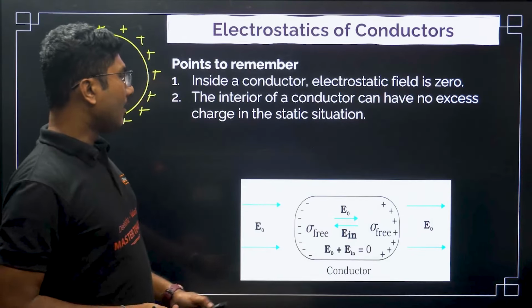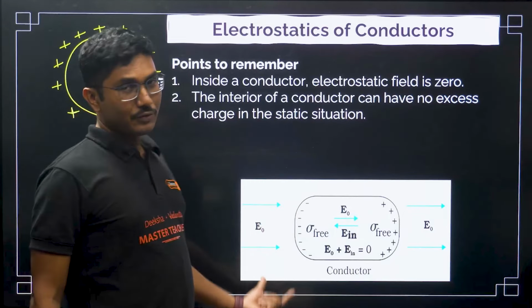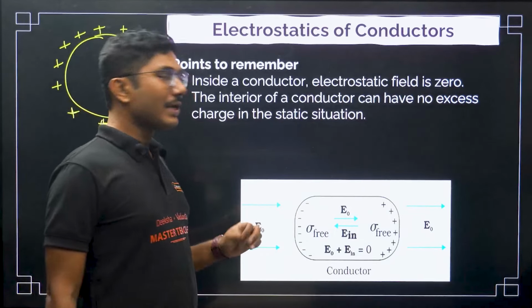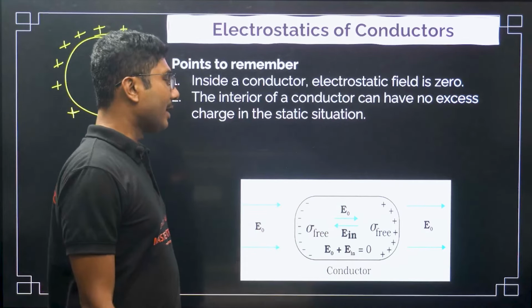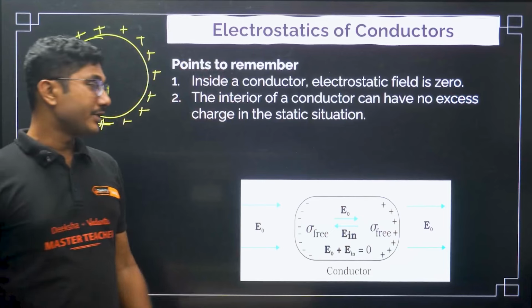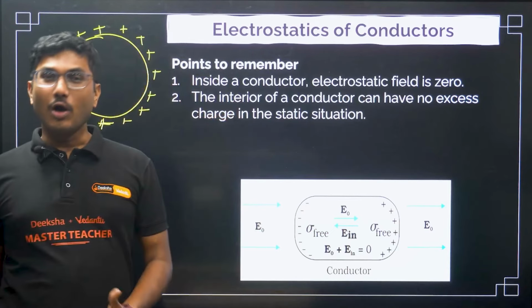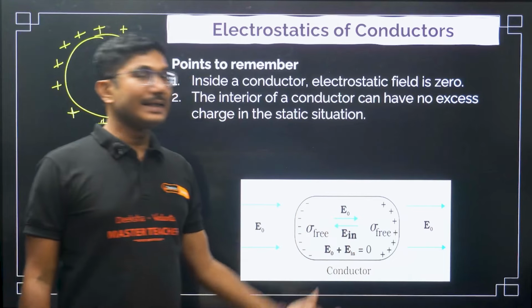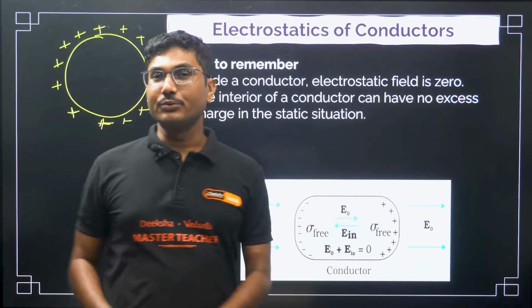Now if you apply an external electric field, the negative charges will move opposite to the electric field and the positive charges will move in the direction of the electric field, and an exactly equal and opposite electric field will develop in the metal so that no field can pass through it.